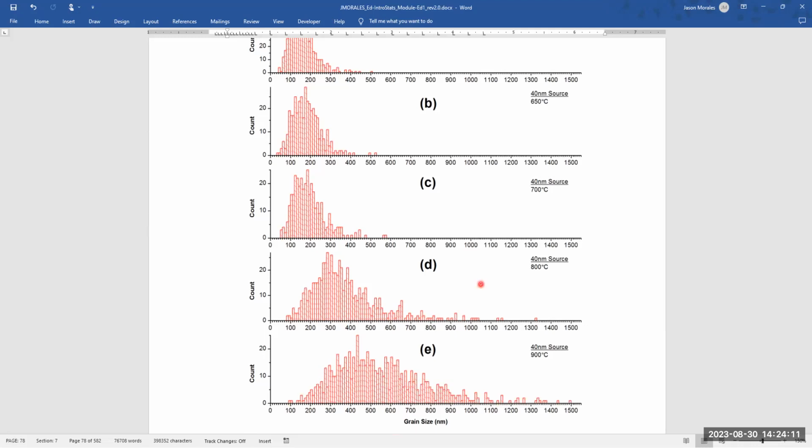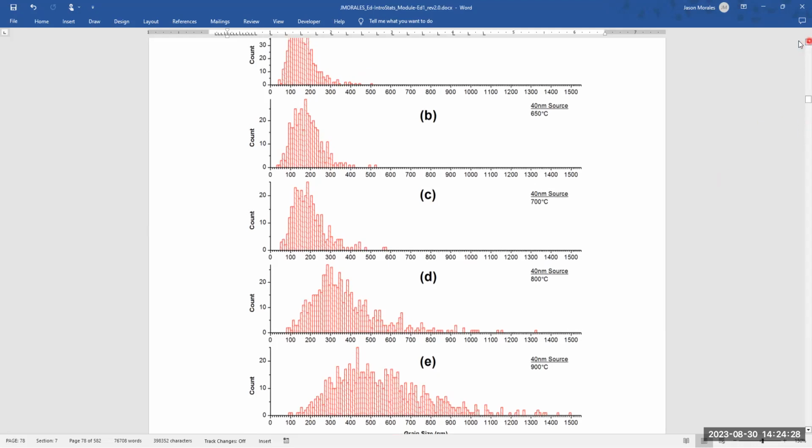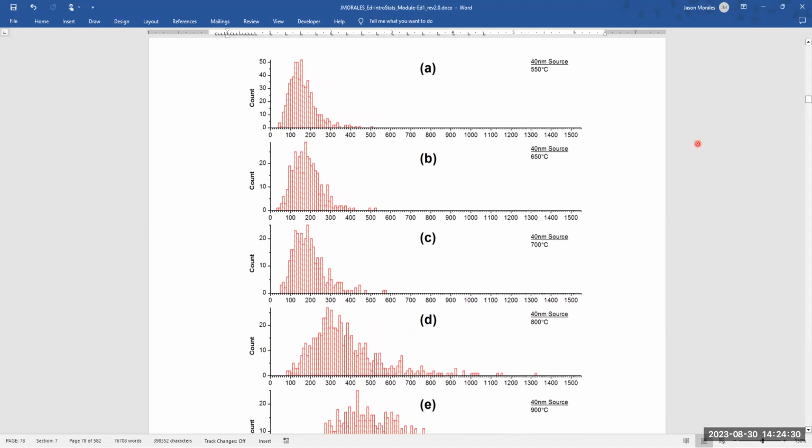All right. So for me as a materials scientist and engineer, I wanted to find the maximum temperature to do an experiment without grain growth. So if that was my goal, was to get the highest temperature without grain growth, what temperature would that be? 550, 650, 700, 800, or 900?